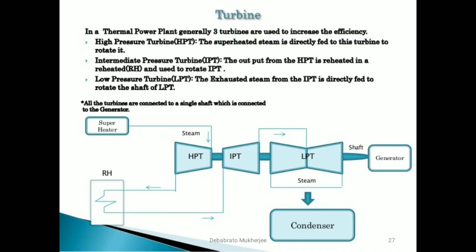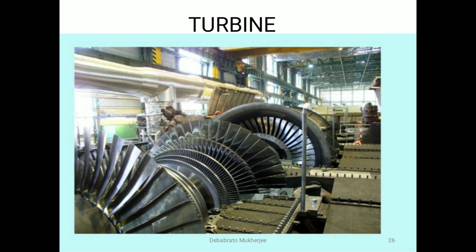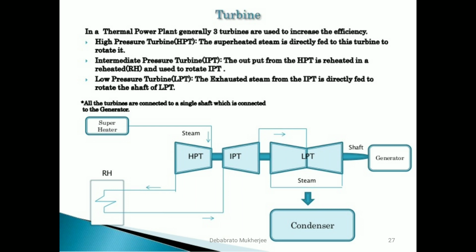Turbine: superheater, high pressure turbine, intermediate pressure turbine, and low pressure turbine. There are 3 stages, as you see over here: high pressure, intermediate, and low pressure. In the high pressure turbine, the superheated steam is directly fed.